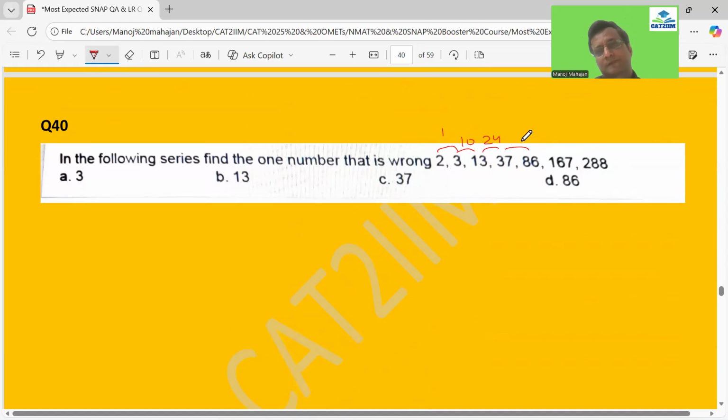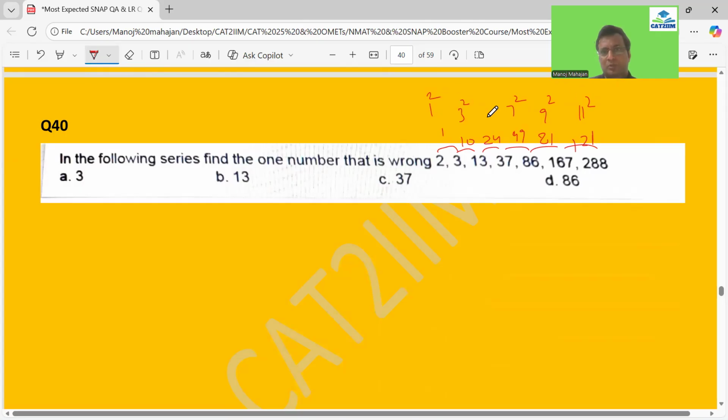How much is this? 49, right? How much is this? 81. Okay, how much is this? 121. You can see some pattern, right? 11 square, 9 square, 7 square, 1 square.